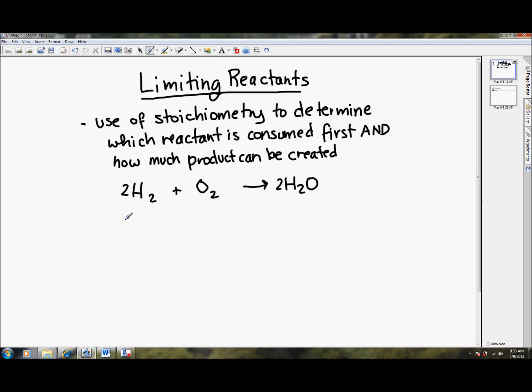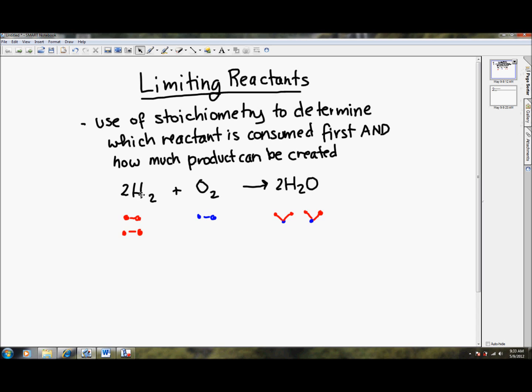Okay, so this tells us that we would need 2 hydrogens and 1 oxygen and we would end up creating two water molecules. So as it's written, we're assuming that you have exactly the amount that's shown in the chemical reaction.